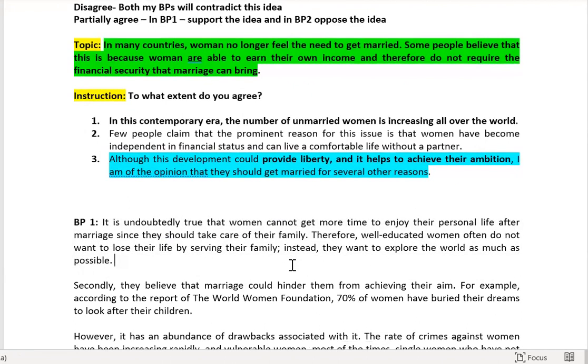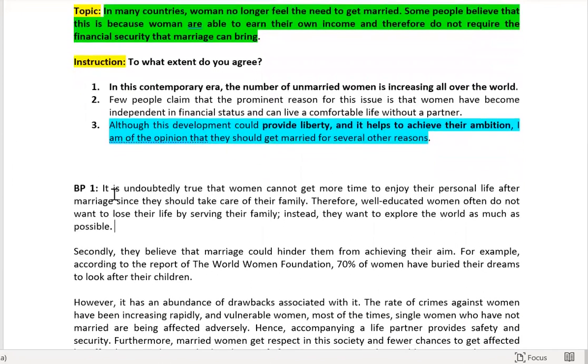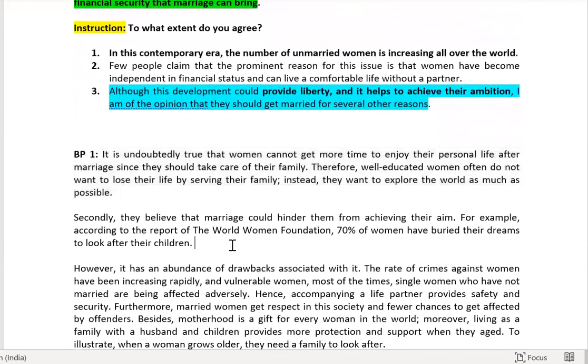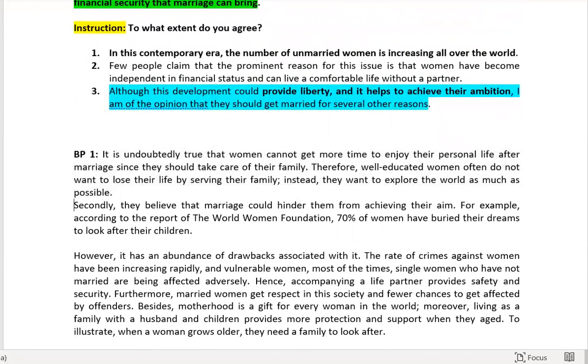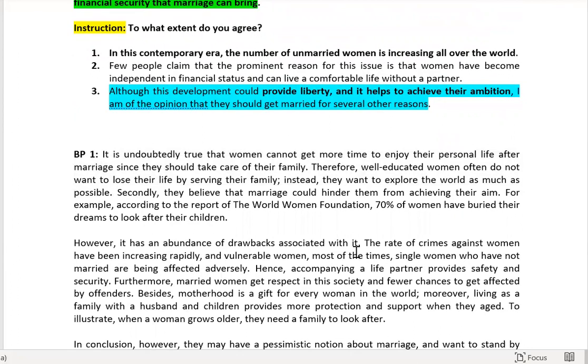Basically, I wanted to give you an orientation for this. Sometimes this looks very good. The words, the sentences, the grammar, everything is good. But still, it's not to the point. Secondly, let's go to the second. Secondly, they believe that marriage could hinder them from achieving their aim. Again, where is the financial security?